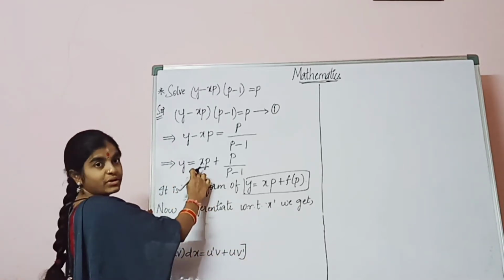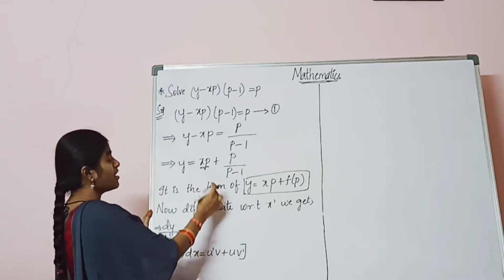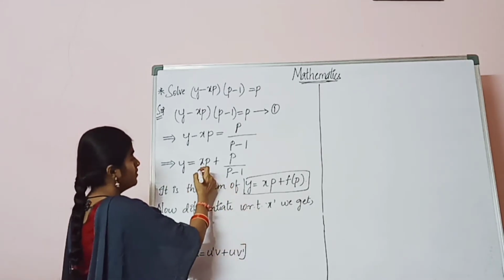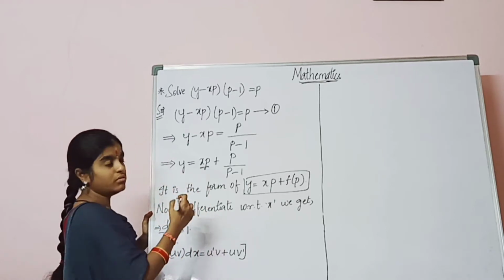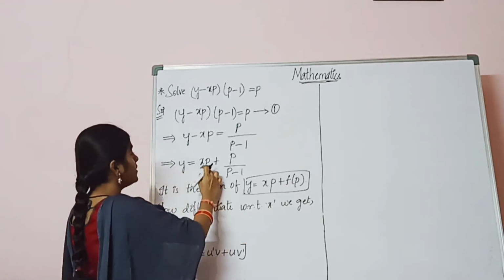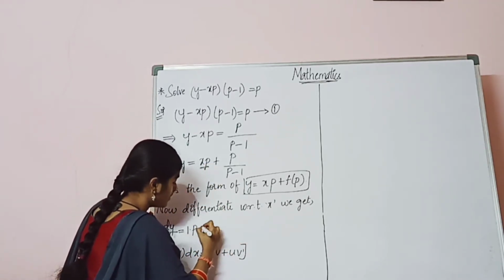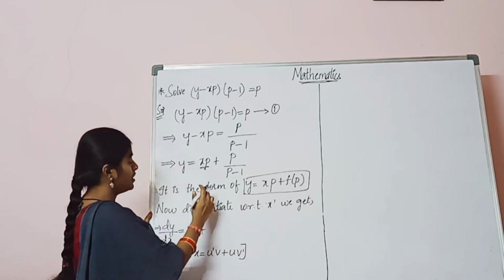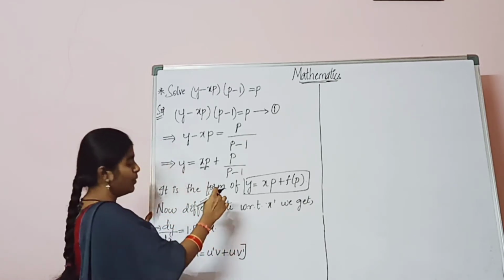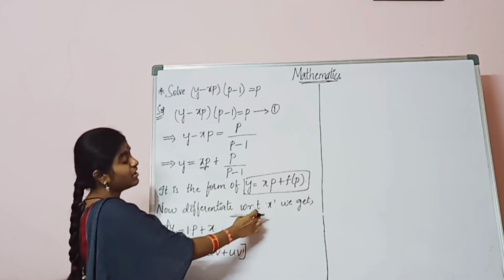Here u equals x, so the differentiation of x is 1, into v, which is p, plus x into p, differentiating with respect to x.